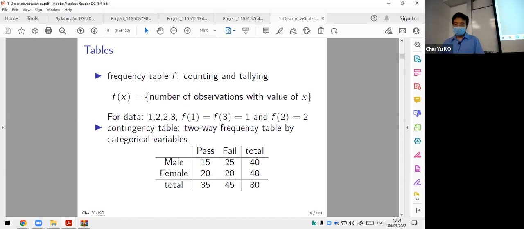Okay. And this is also something you learned in high school. It's called the frequency table, or the condensation table. The frequency table is just, as I said, counting how many of them there are. Say, suppose I count in this room how many are male and how many are female: the frequency of male, the frequency of female, right?